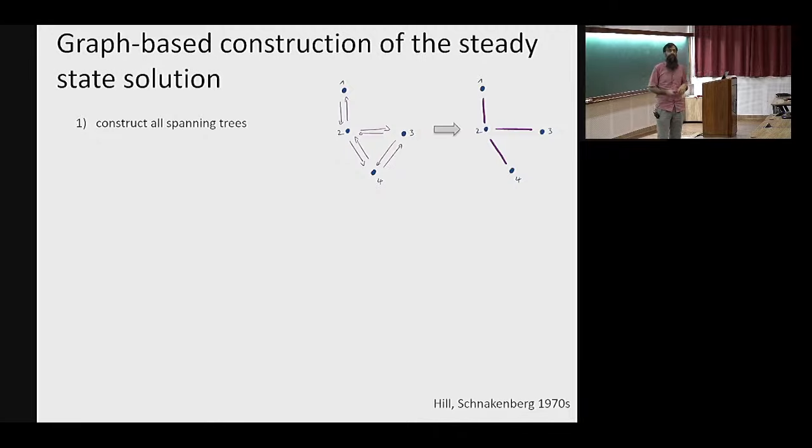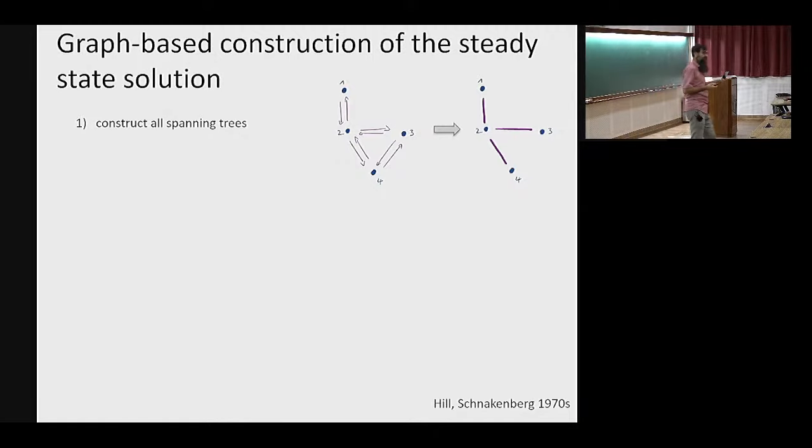This goes back to work by several people in the 70s. And I think it has also been discovered several times over the course of the last, I don't know, 100 years maybe. In the end, it's also closely related to electrical networks that were considered by Kirchhoff in the 19th century. So if you want to, this is really not very new.